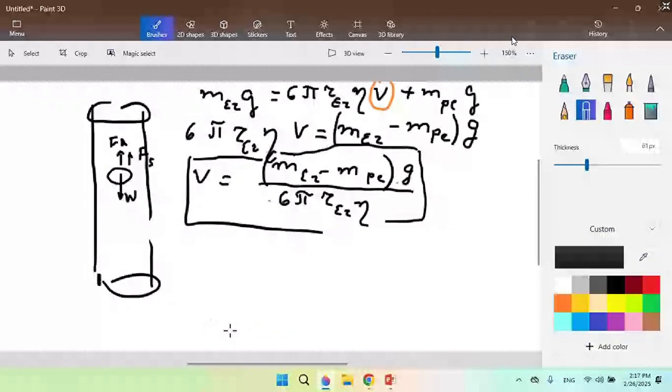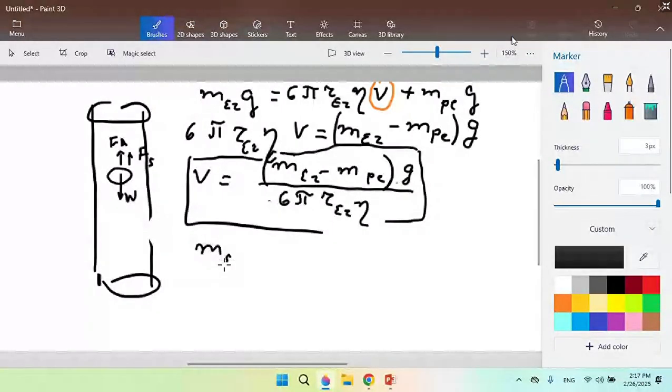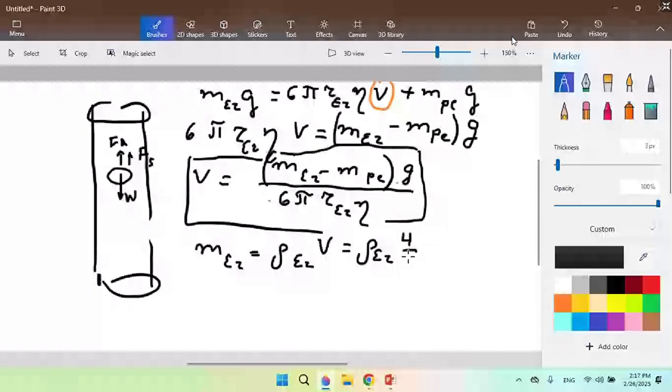with the modification. Mass of erythrocyte, let us write here, it is erythrocyte density times the volume. If we consider the volume spherical, then according to the formula for the volume of the sphere, we've got 4/3 pi erythrocyte radius power 3.